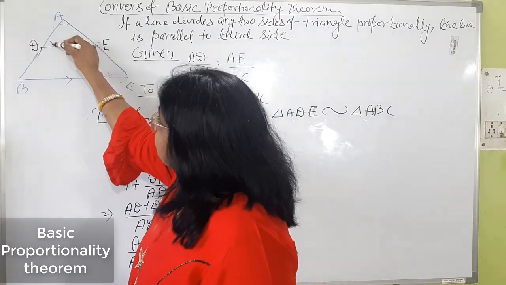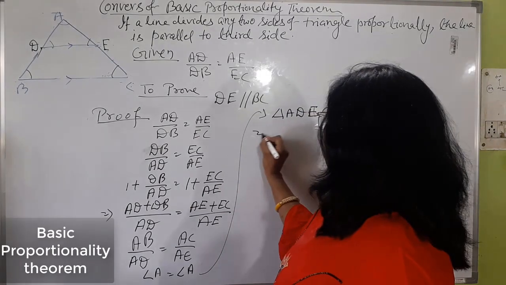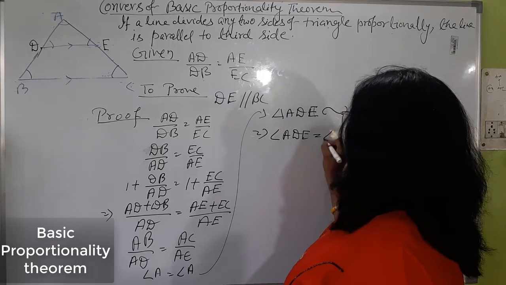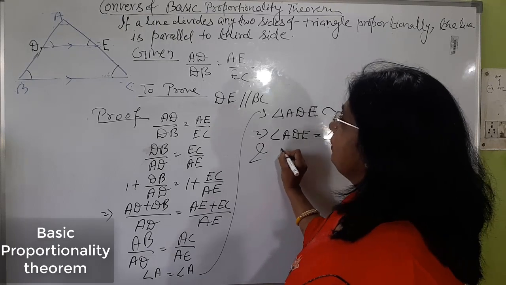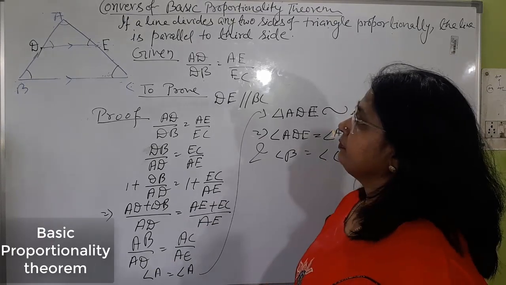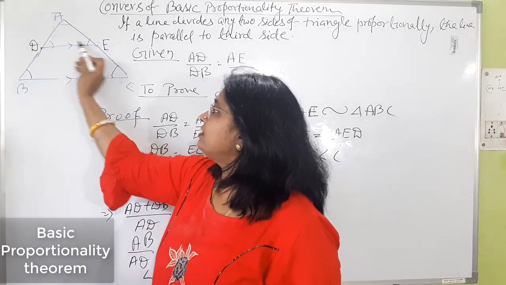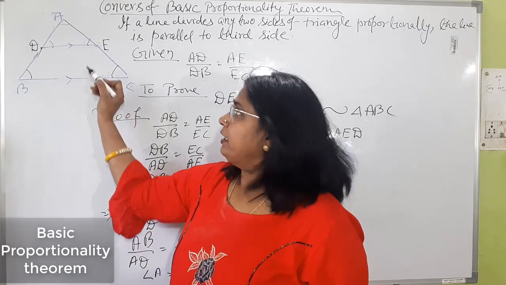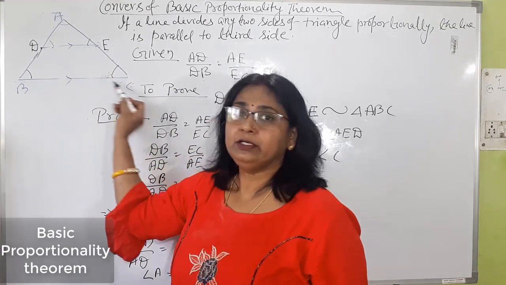It means this angle is equal to this one and this angle is equal to this one, implying angle ADE is equal to angle AED, and angle B is equal to angle C. And if corresponding angles are equal, it means both lines are parallel to each other. Understood? Their corresponding angles are equal, so both lines are parallel to each other.